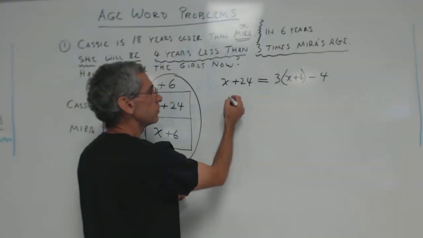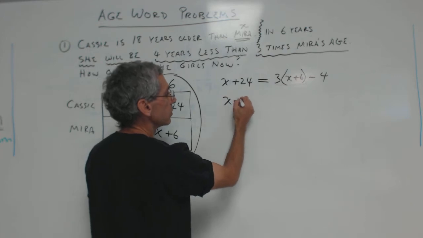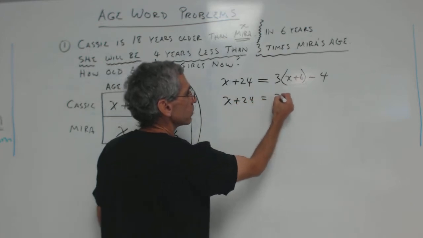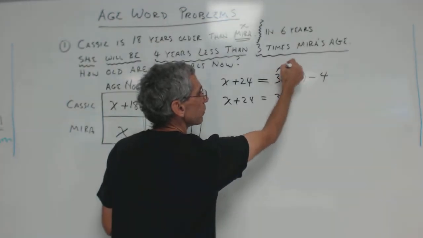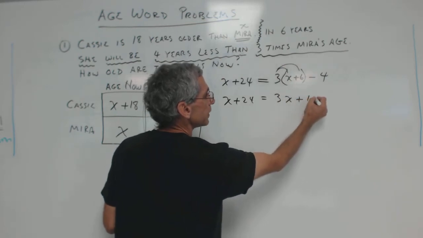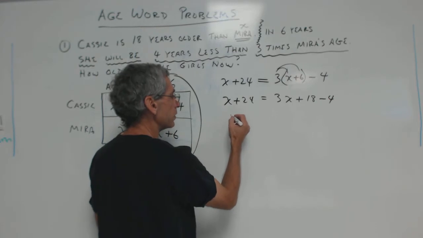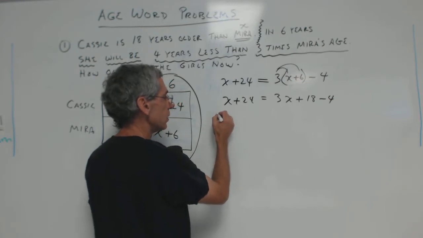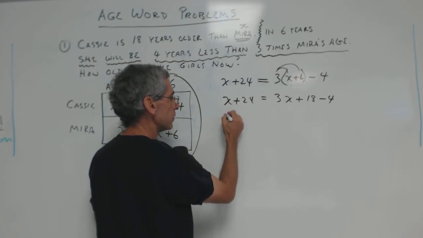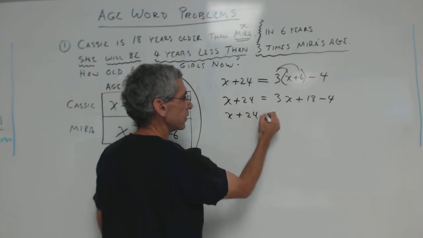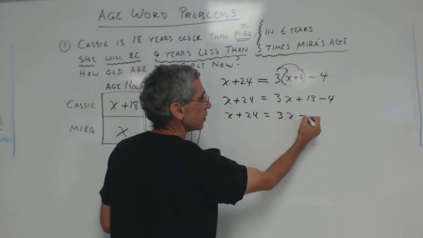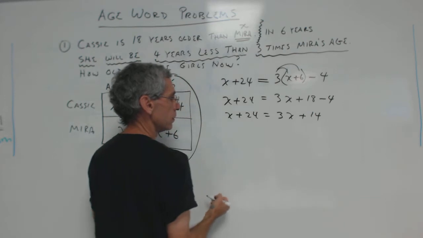So let's just finish this really quickly. We've got x plus 24 is equal to 3x. We're going to use the distributive property, plus 18 minus 4. All right, let's just rewrite it so we can add the like terms. 3x plus 14, right?